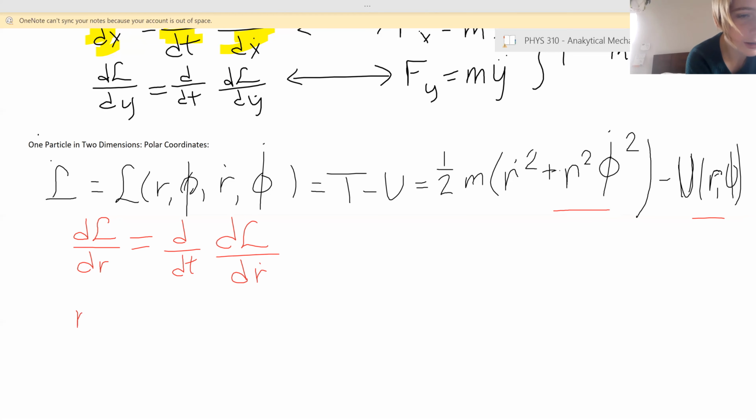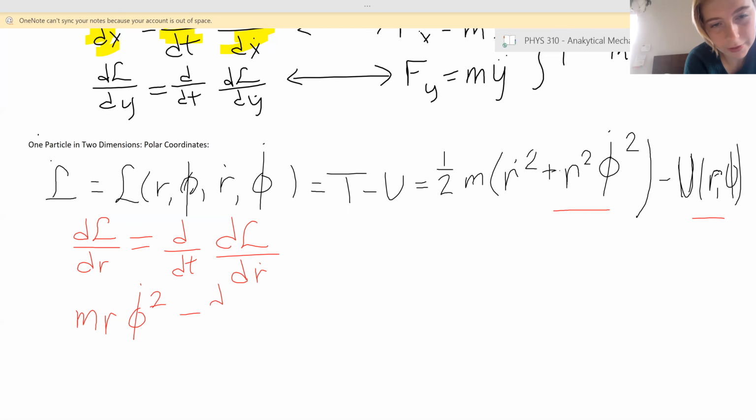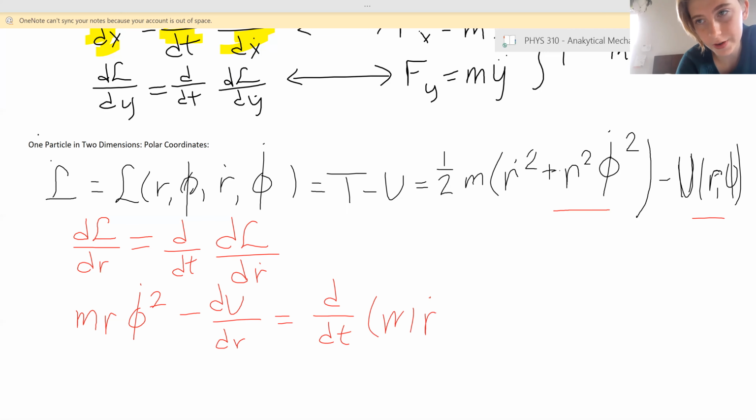So we get R theta dot squared minus whatever the derivative of U is with respect to R. And that's going to be equal to the time derivative of mass times that R dot. And what's nice about that is the time derivative of that is just m r dot dot.